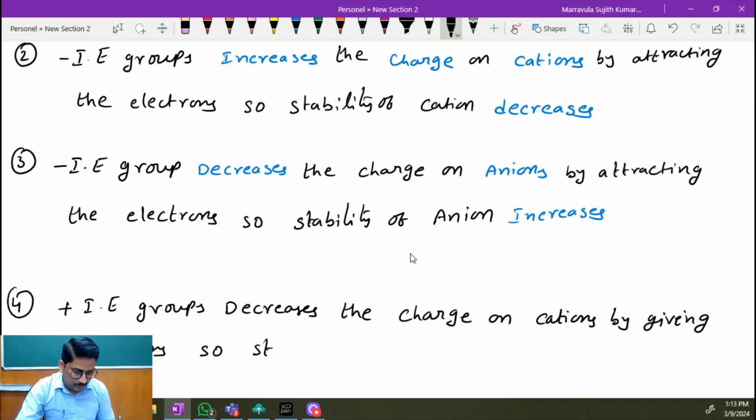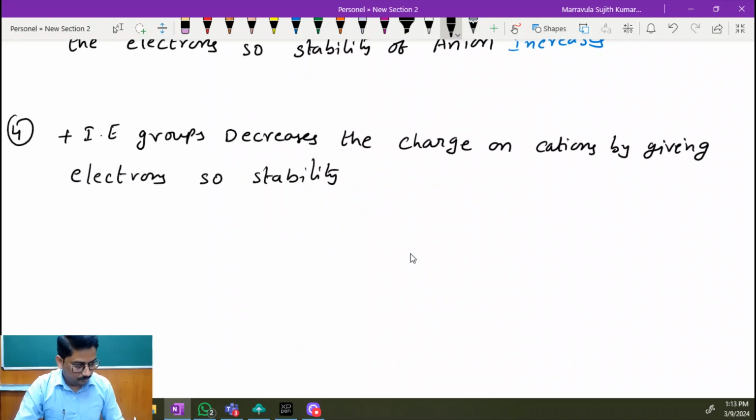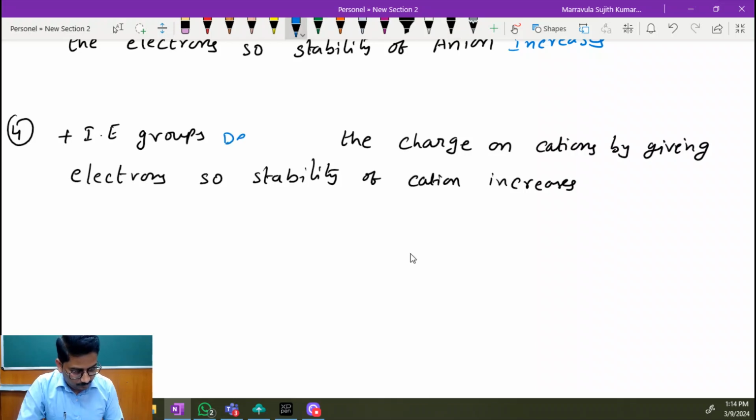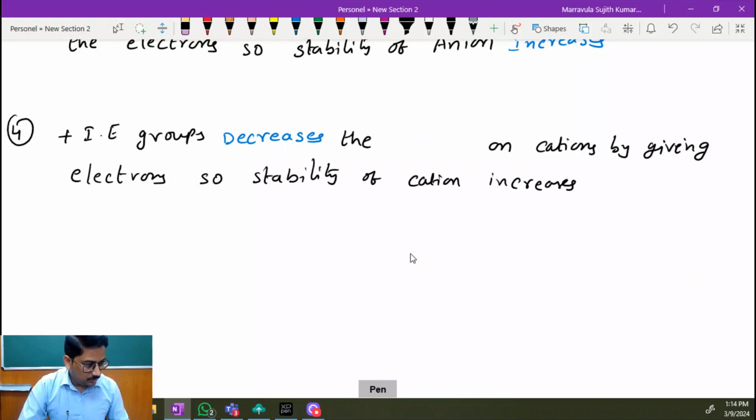So stability of cation increases. It's a very simple thing. These important points: decreases the charge on cations by giving electrons, so stability of cation increases.